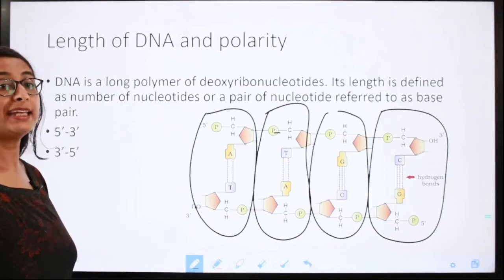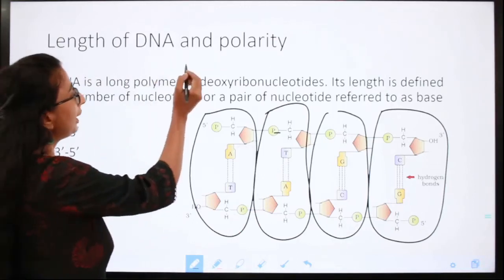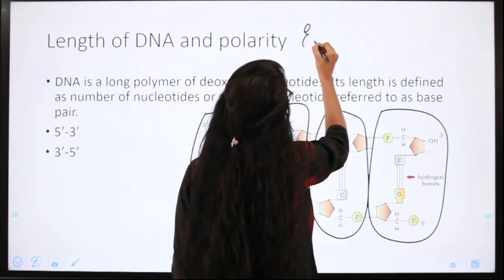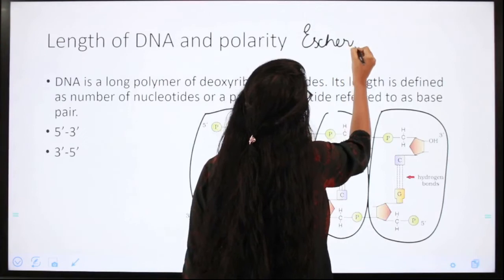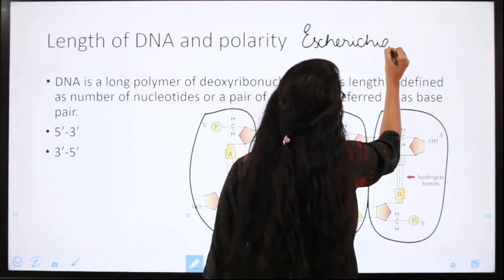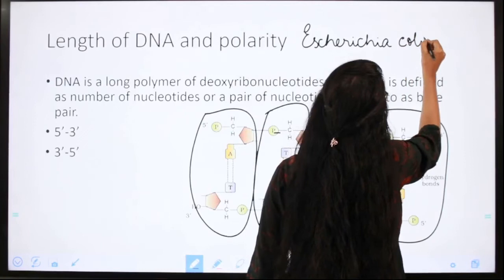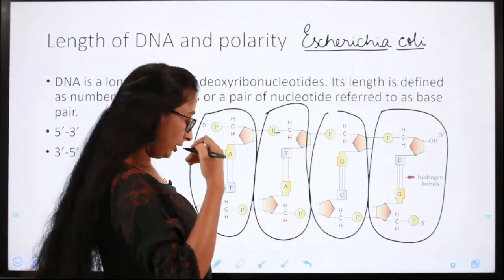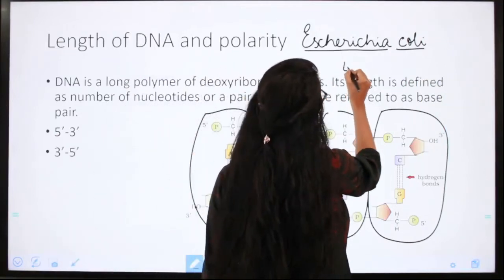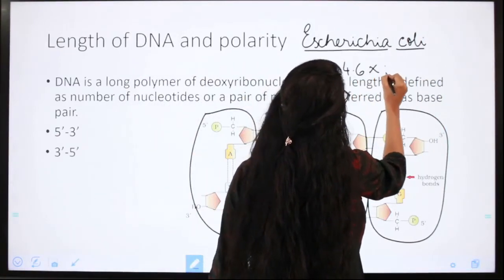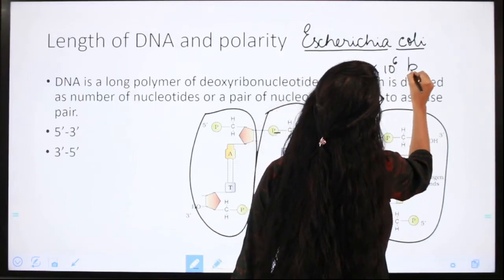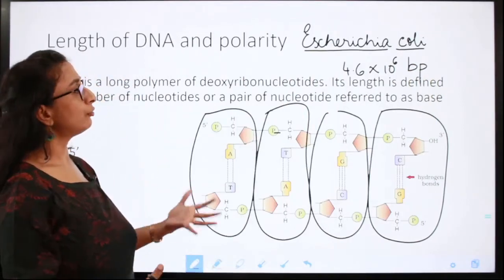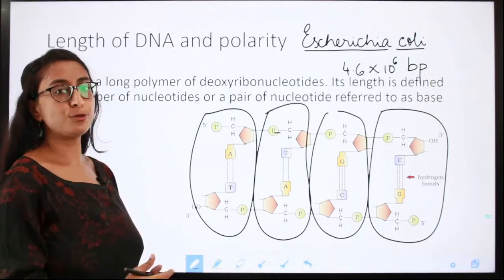Say for example in E. coli or Escherichia coli, the length of the DNA is 4.6 into 10 to the power of 6 base pairs, and base pairs is represented by small letters bp. So the length of the DNA varies from species to species.